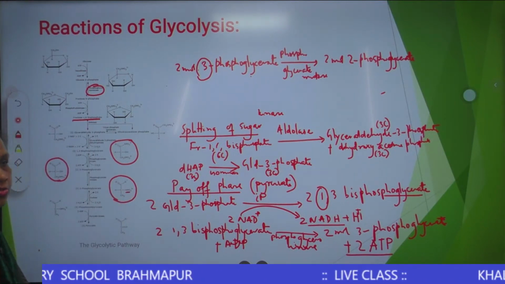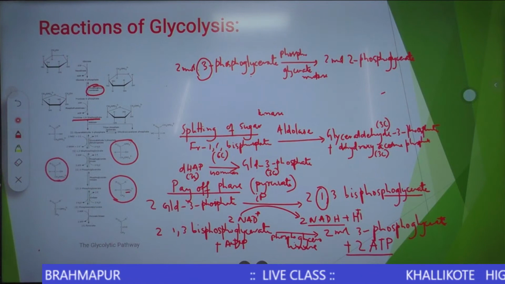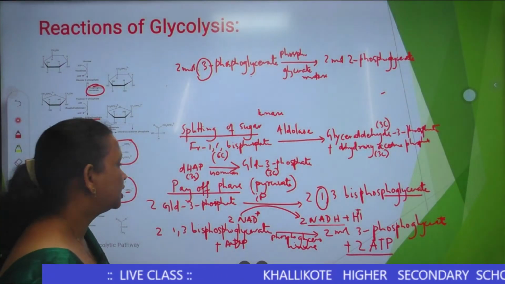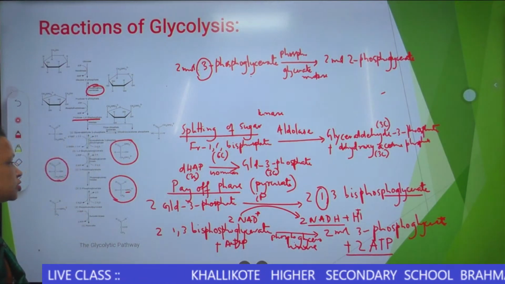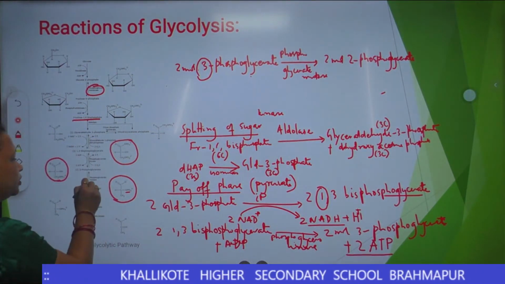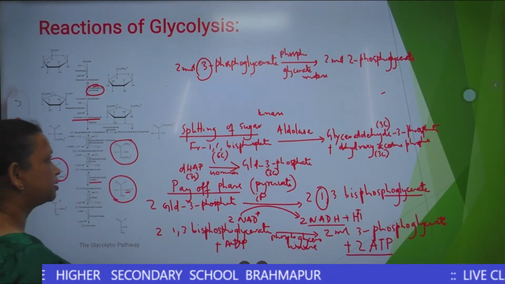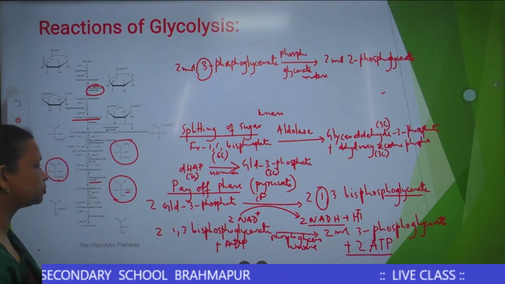So, 3-phosphoglycerate getting converted to 2 molecules of 2-phosphoglycerate. So, the enzyme is phosphoglycerate mutase. So, there is shift in the group. So, it is mutase enzyme that takes place.